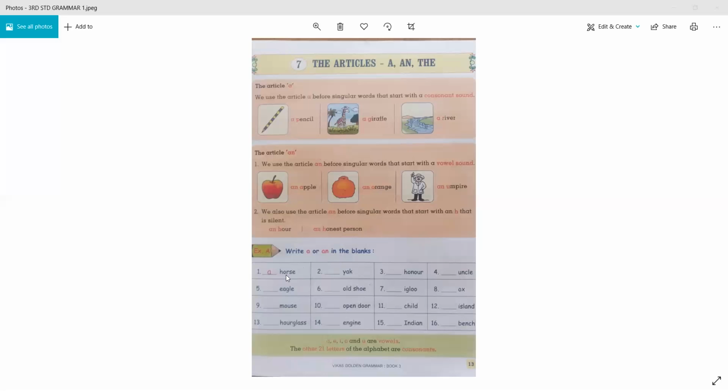Because it is singular and this word starts with a consonant sound. Here eagle, the letter at the start of this word is a vowel letter, that is E. So what are we going to use here?